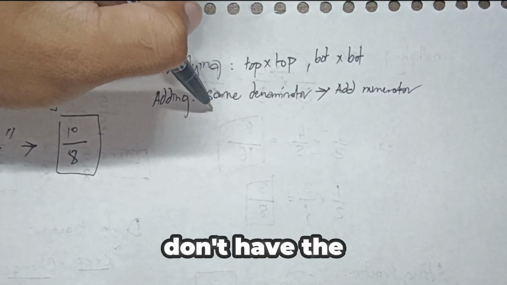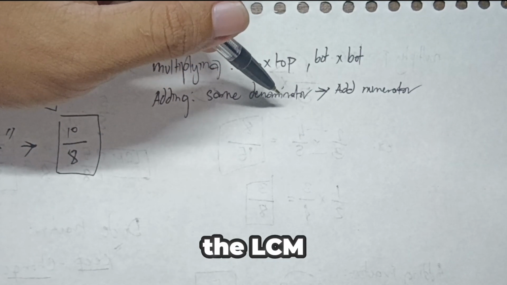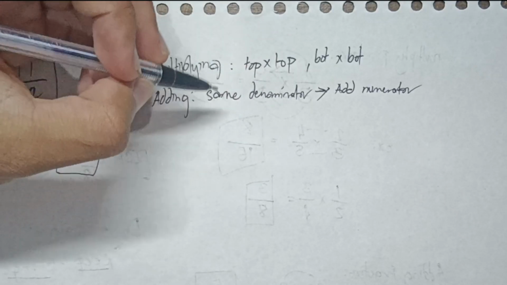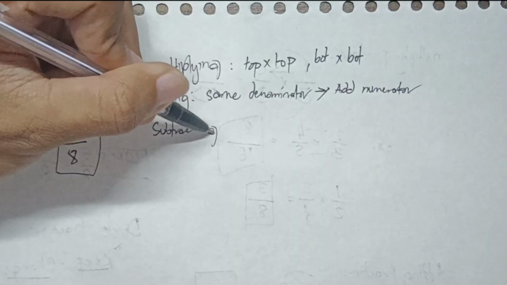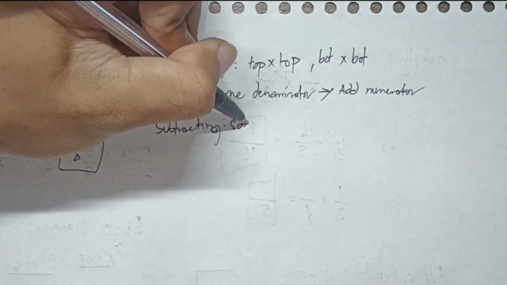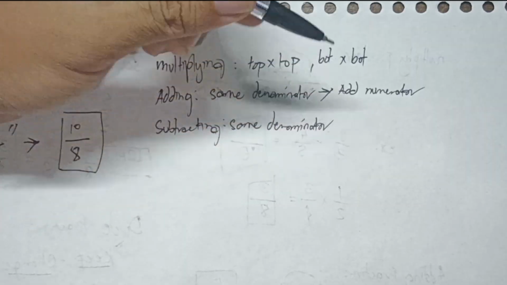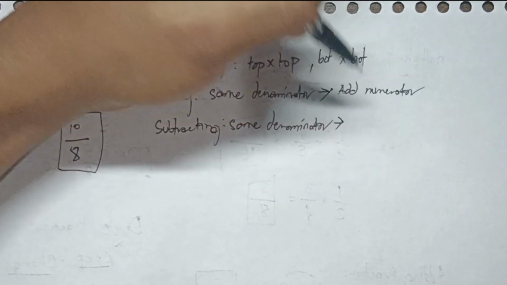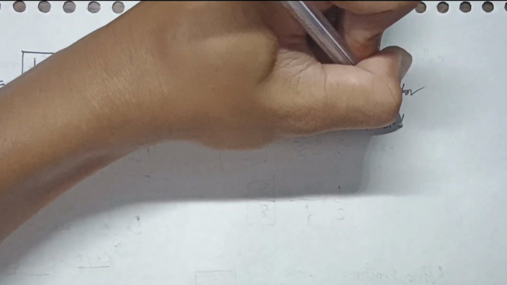If they don't have the same denominator, find the LCM. Same in subtracting. Same denominator, subtract numerator.